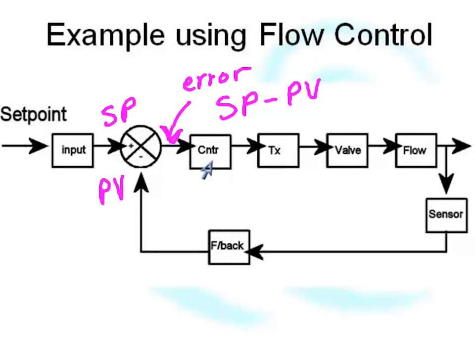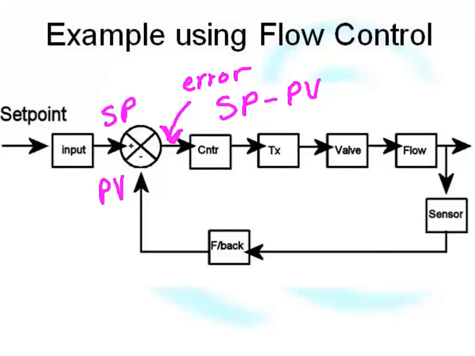Then we take that error and we do some sort of control decision with it, and then we transmit a value out to a valve, and the valve alters the flow. We sense the flow and we feed that back to the decision-making process.